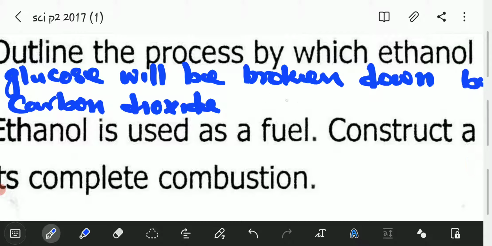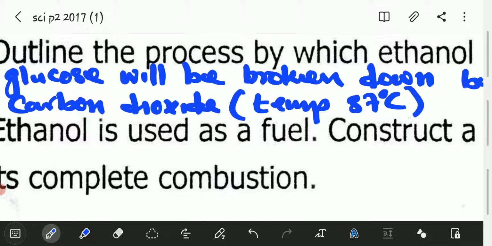Generally this reaction will actually be fast at a temperature of about 37 degrees Celsius. So it all takes place at that.